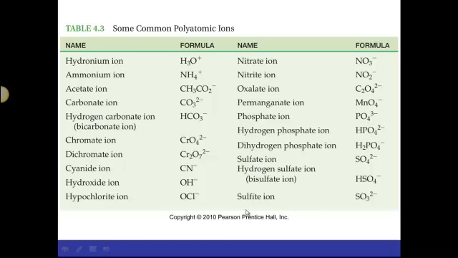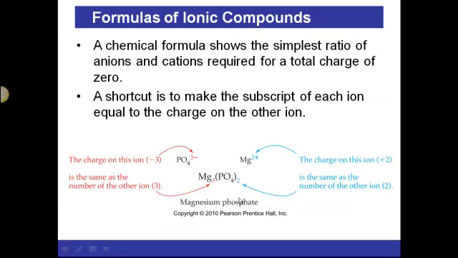You'll be given this chart on the test. You just have to be able to look up and say, oh, I've got the PO4 3- as my anion. That's called the phosphate ion. In the naming of the full compound, you drop the word ion because they're no longer ions, and you just name it as the cation next to the anion name. So magnesium phosphate in this case.